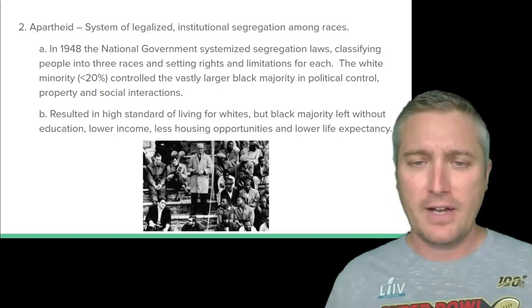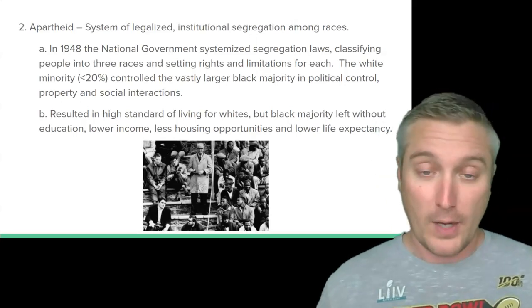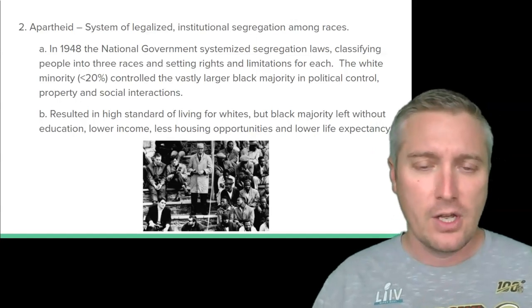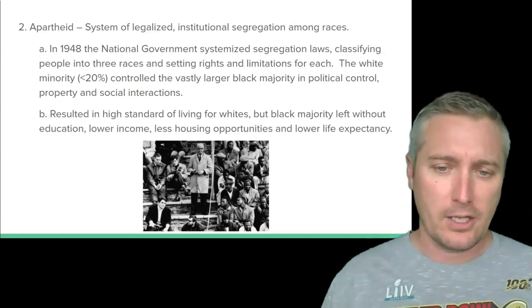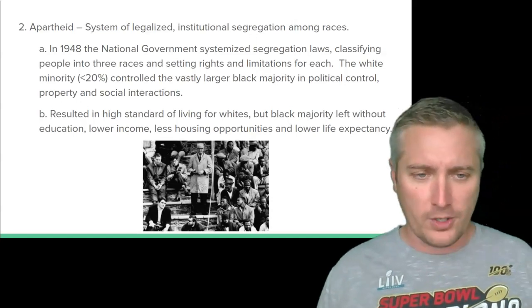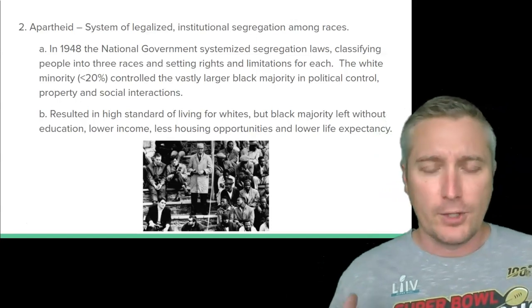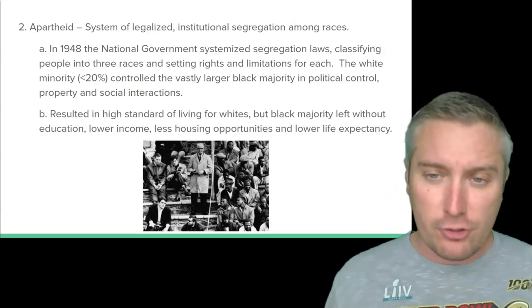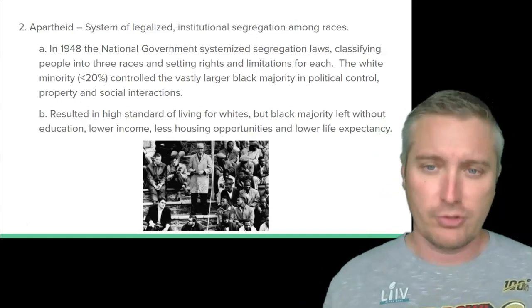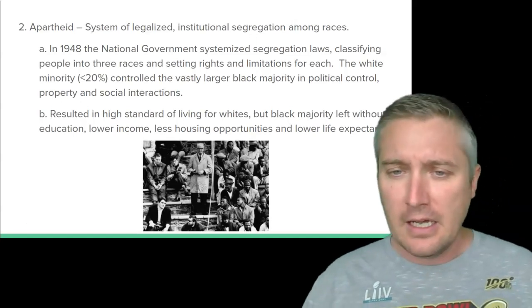It classified individuals according to their race and placed limitations on their rights depending on where they lay on the spectrum. Now, the white minority here, and it was less than 20% of the overall population, would for the next few decades control the vastly larger black population with everything they did.